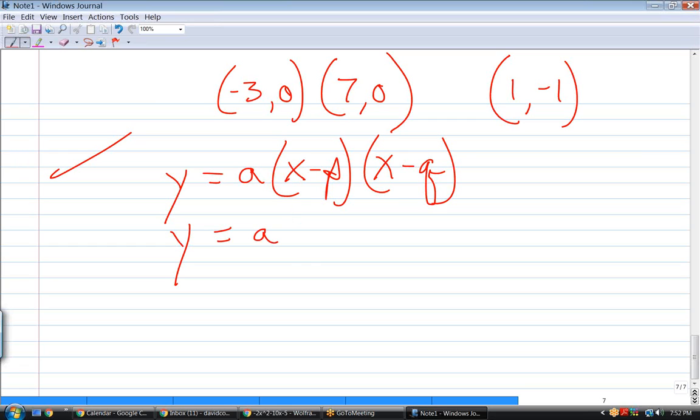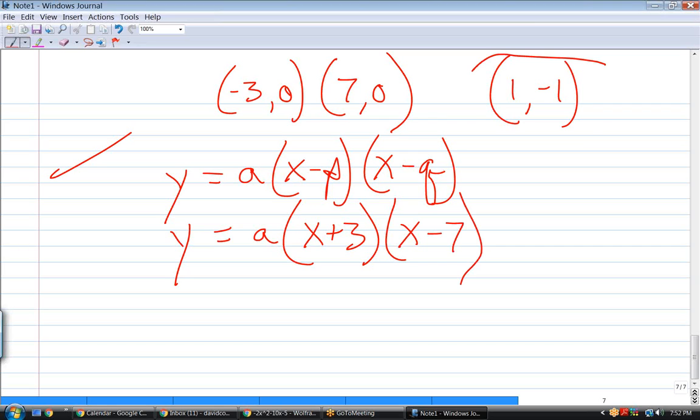Well, I don't know what A is yet, but I know what one X-intercept is, and I know what the other X-intercept is. You see how I get those two? Yeah. Okay. Now, using this point, how am I going to calculate A? You're going to plug in 1 for each of those.